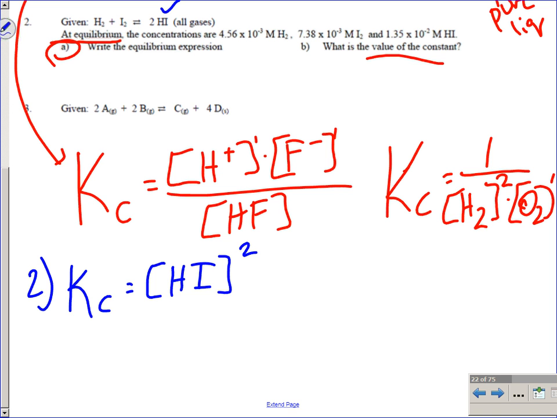So check, we've used the products, over the H2 concentration raised to the first power, because there's a 1 coefficient there, times the I2 concentration to the first power, because there's a 1 coefficient there. Okay. Thumbs up if you made it to the equilibrium expression. That's just the non-numerical values. Now plug your values in and calculate.